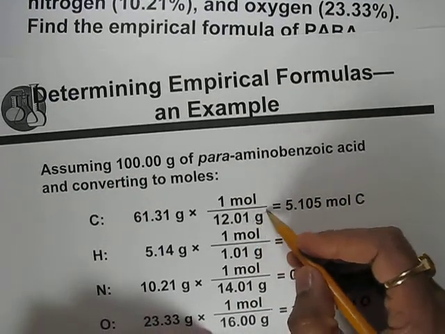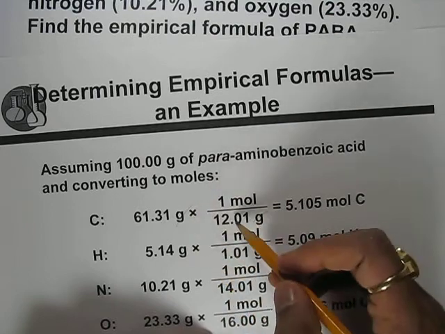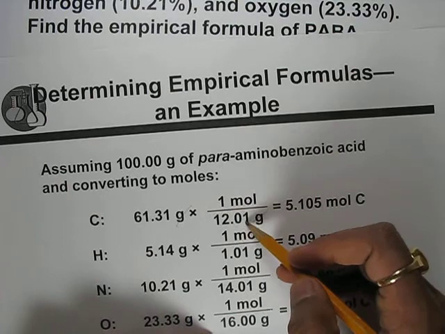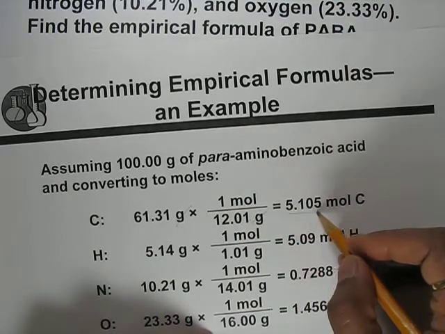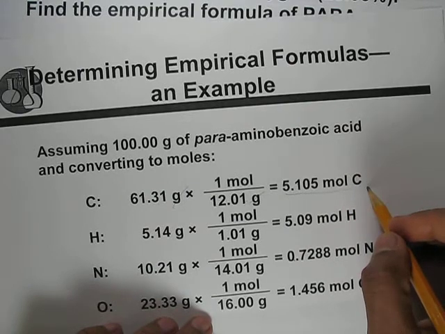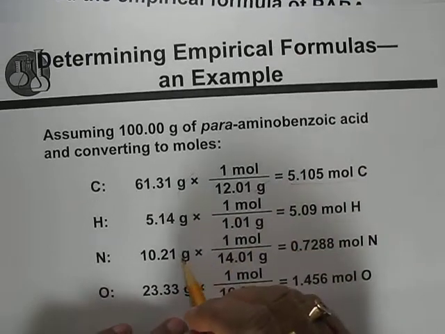Then gram will cancel out, and you divide 61.31 by 12.01, and the calculation gives 5.105 mole of carbon.